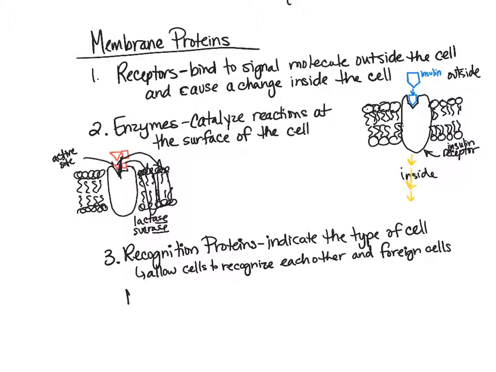So for example, what I've been talking about is the MHC complex, or the major histocompatibility complex. The MHC complex is expressed on cells, and it's unique to each person.